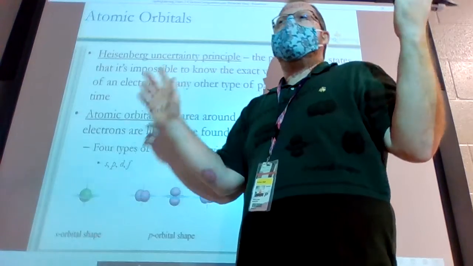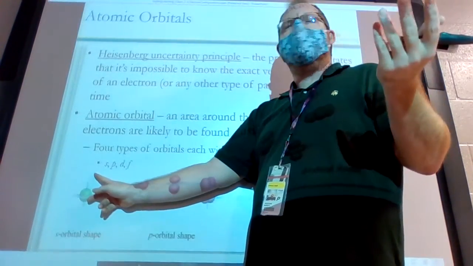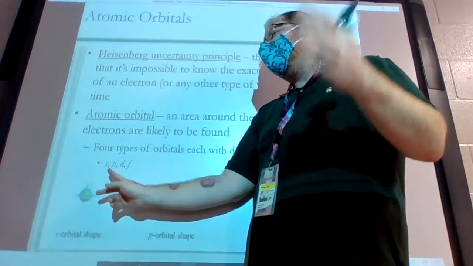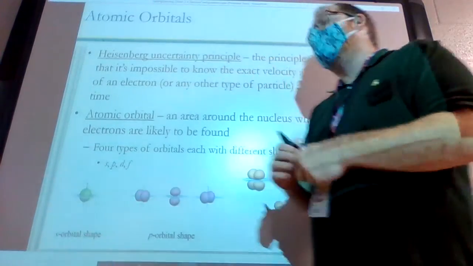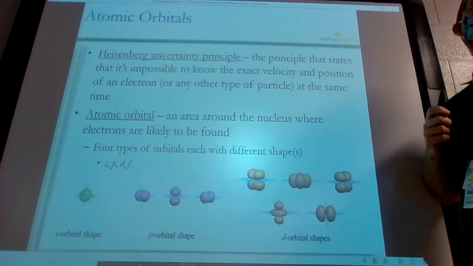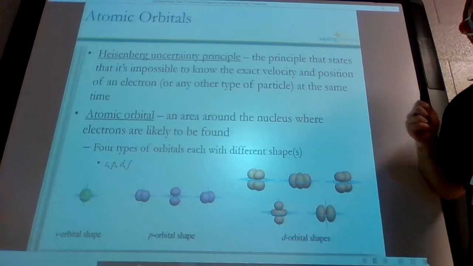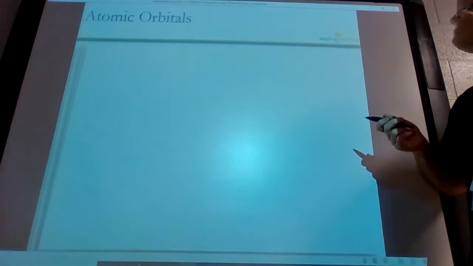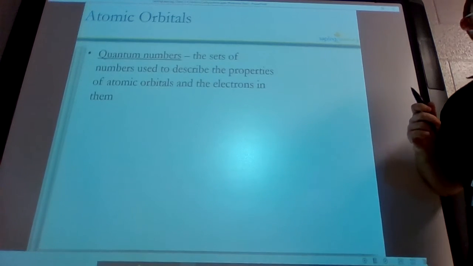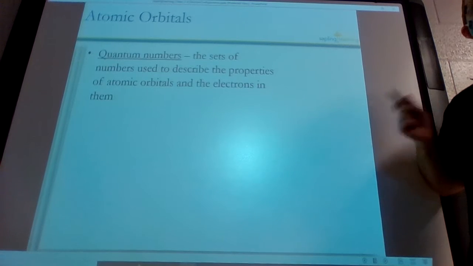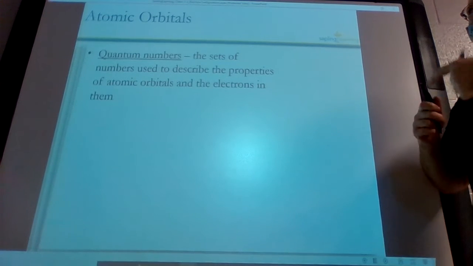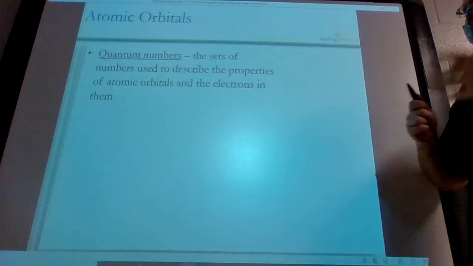You just have to remember that S is the smallest one. Then it goes to P, then D, then F. And when we actually get into it, it's going to be a little bit more confusing than that, because it doesn't always necessarily go in that order. But there is a pattern to it. And if you use the images that I give you, you should be able to follow the pattern and understand.